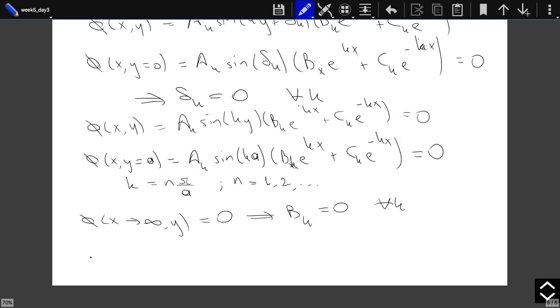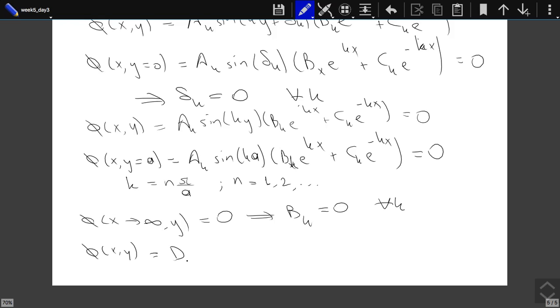Now let me rewrite my potential. Well, b_k is 0. What remains is a_k times c_k. I will just give it a different name, let me call it d, and now I will express k in terms of n.